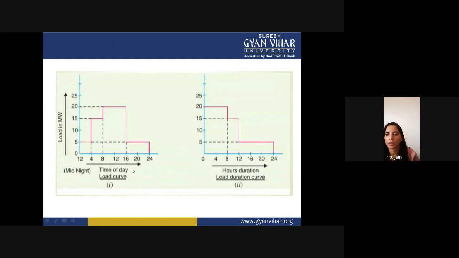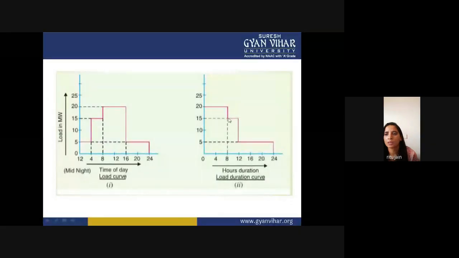This is the time of the day, but this is the hours duration. For 8 hours, the load is 20 megawatt. Then 8 to 12, for 4 hours after 20, it is 15. So for 4 hours, the load is 15 megawatt.